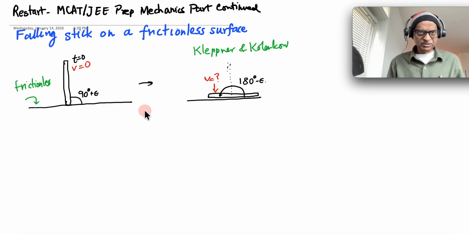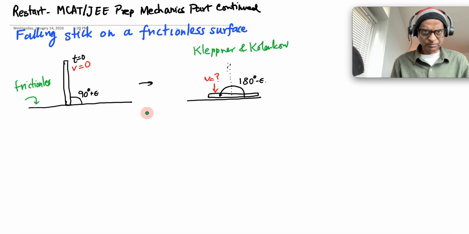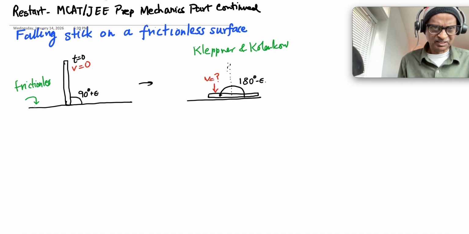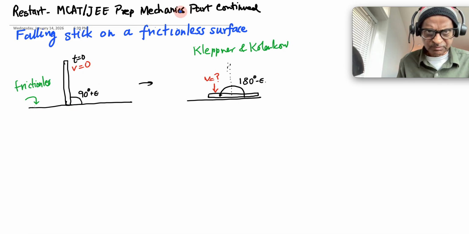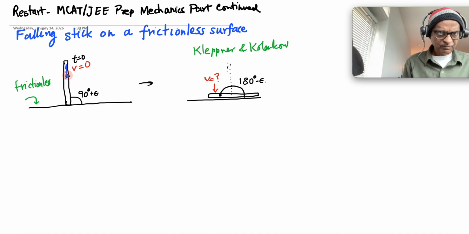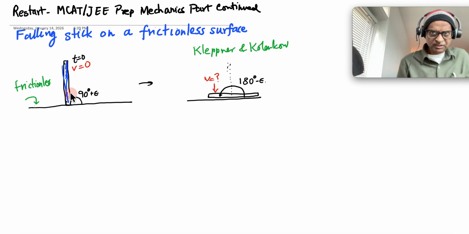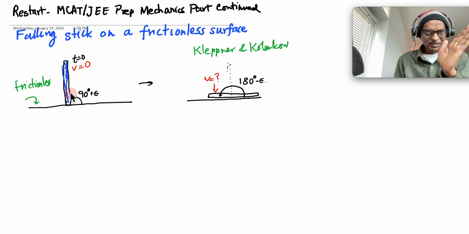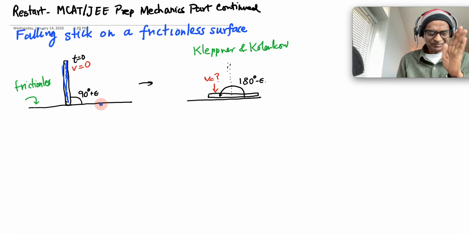Okay, so the situation here is a very simple one. We have a stick here, which is almost vertical. It's a little tilted, a tiny amount more than 90 degrees, not completely vertical.